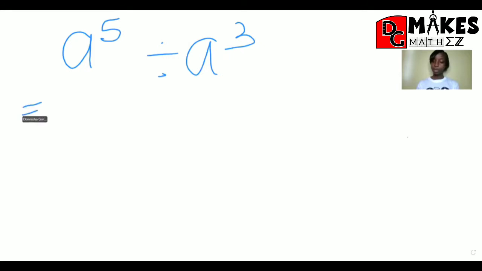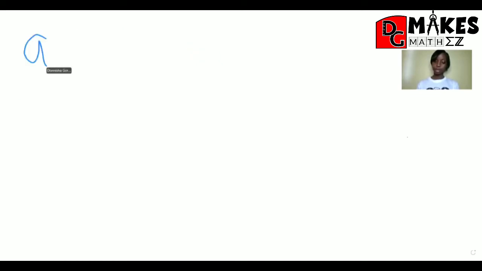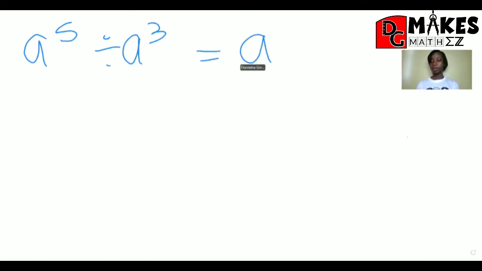Let's take a to the 5th power divided by a cubed. And let's look at it like this. I'm going to need a little more space. A to the 5th power divided by a cubed. We're going to rewrite this in fraction form. So that's going to be a to the 5th power over a cubed, and we're going to expand.